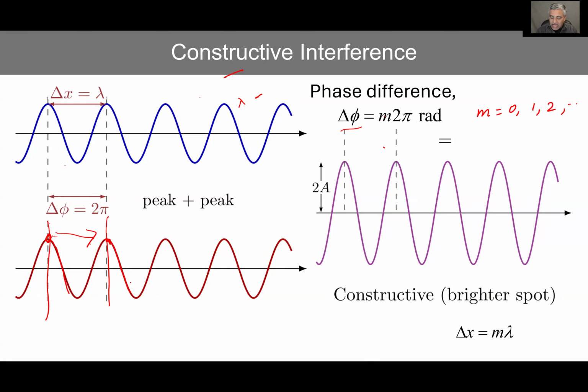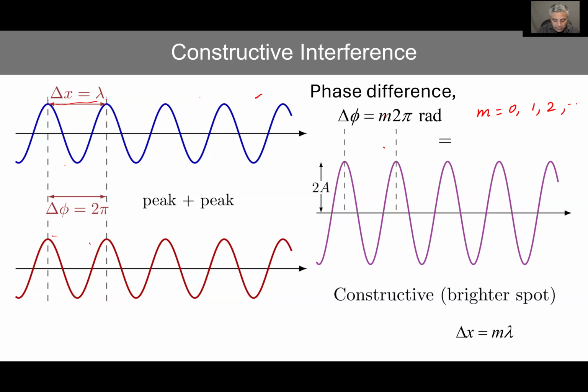So because of that, when they overlap, they always meet the peak with the peak, okay? And trough with the trough, and so on. So that's why they go through this constructive interference. And in terms of path difference, for example, delta x, delta r, sometimes that may be written delta L, okay, a different notation you may see. But here I'm writing delta x.